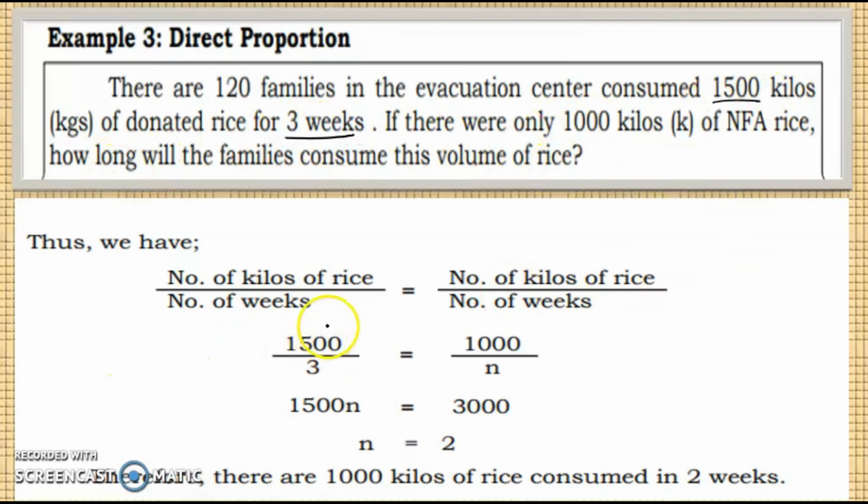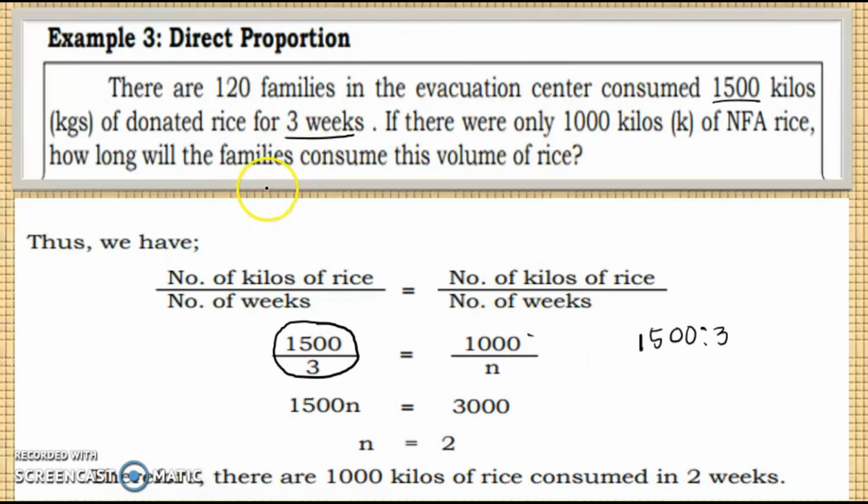So we can write 1,500 is to 3. And then the next given is 1,000 kilos. So this is the 1,000 kilos.